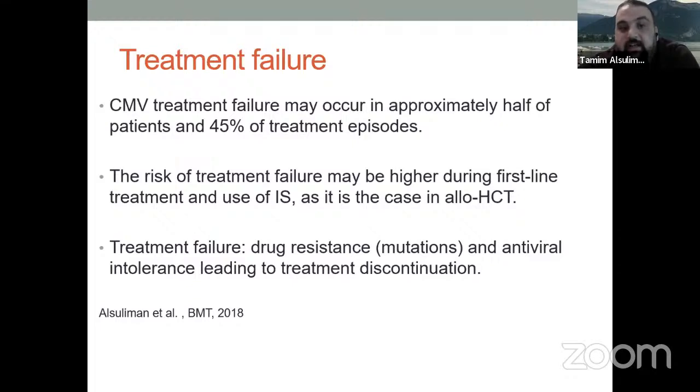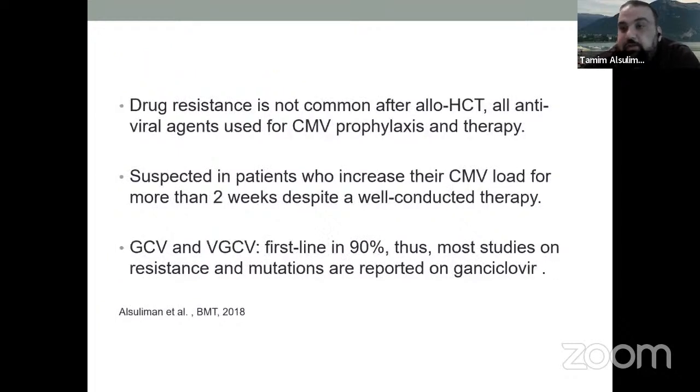The risk may be higher during the first-line treatment, and when we use immunosuppression. The treatment failure may be due to drug resistance, as for mutations, and to antiviral intolerance, leading to discontinuation of treatment.